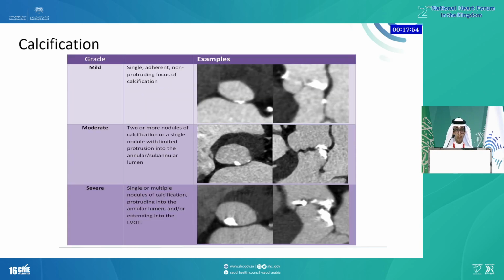The parameters you actually have to pay attention to are the calcification of the annulus and the LVOT. And why is that?